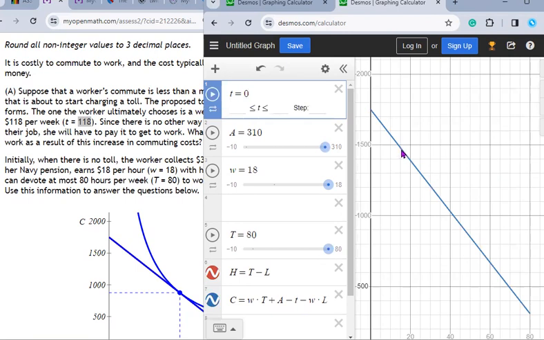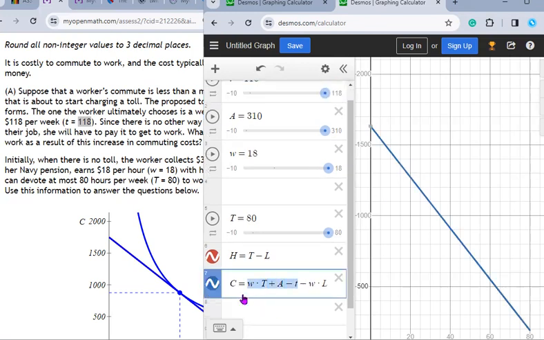Okay, so there it is when the toll is zero. And then I'm going to put my mouse pointer here, and I'm going to replace the zero with the new toll. It caused the budget line to shift inward, right? It caused the budget line to parallel shift inward. The slope didn't change, but the intercept did, right?